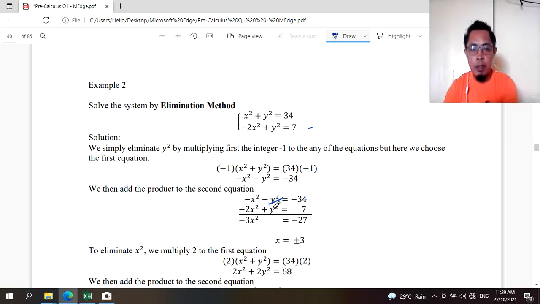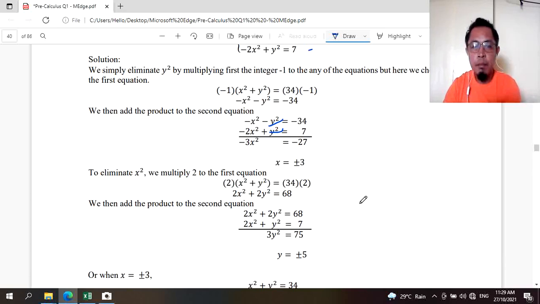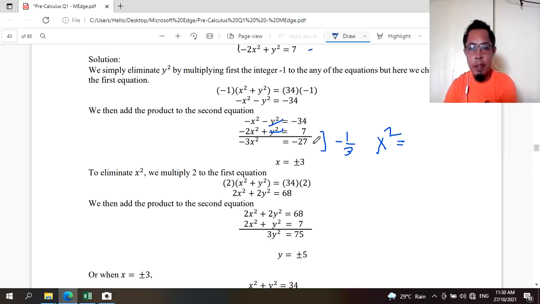Negative y squared and positive y squared are cancelled. We have negative 34 and 7, that is negative 27. Then simplifying that further, we multiply by negative 1/3. So negative 1/3 times negative 3x squared is simply x squared, equals negative 27 times negative 1/3, that gives us positive 9.